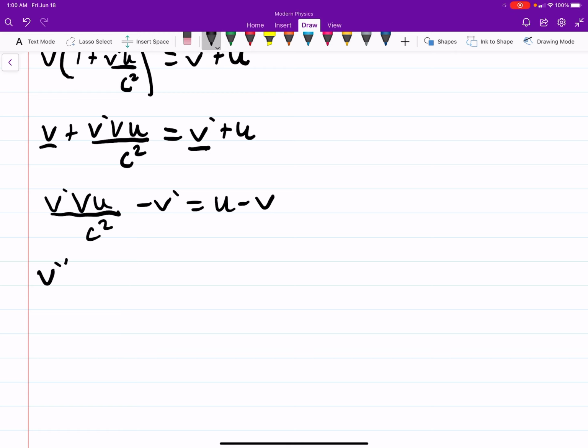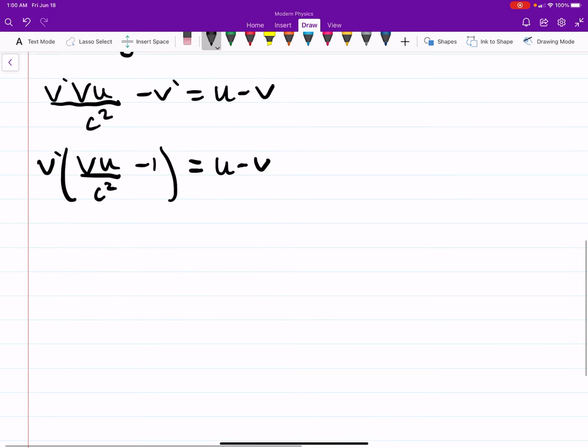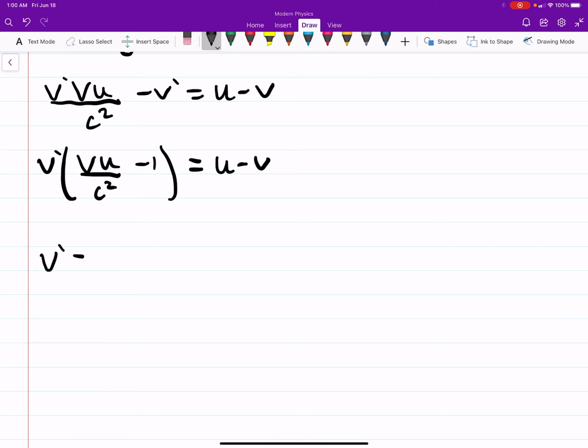And now I can factor out v prime, like this. Now I can divide all this over to find v prime. So U minus v, divided by vU over c squared minus 1.